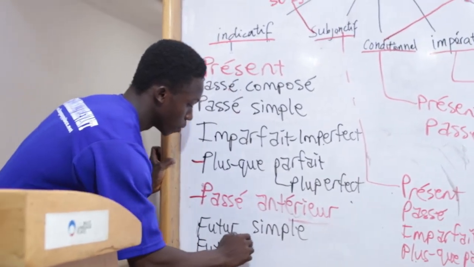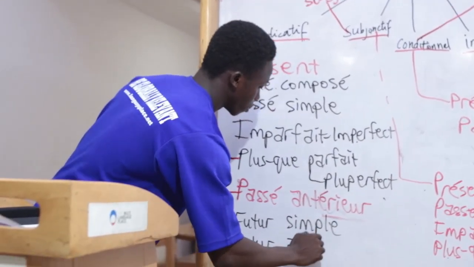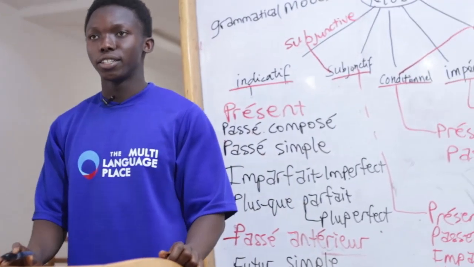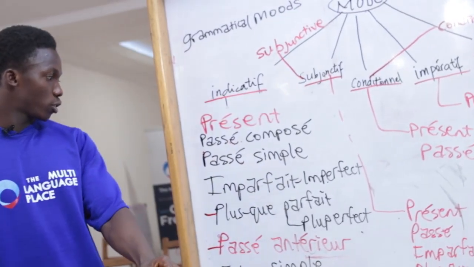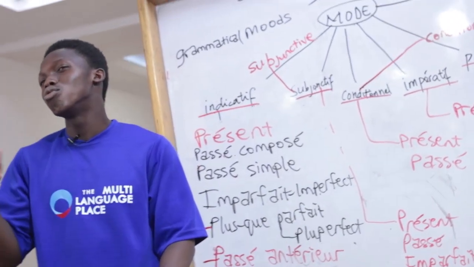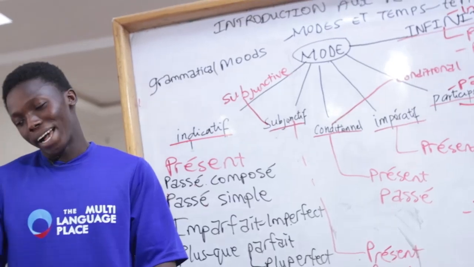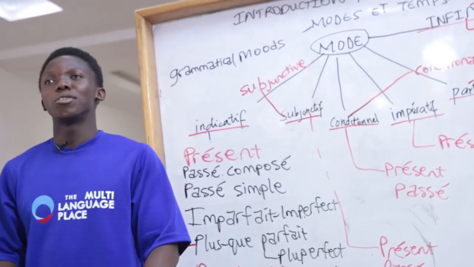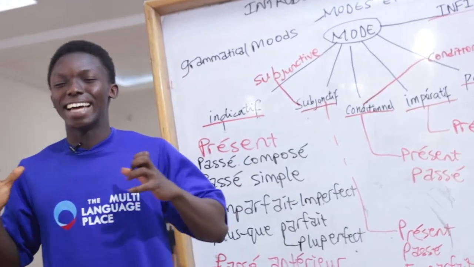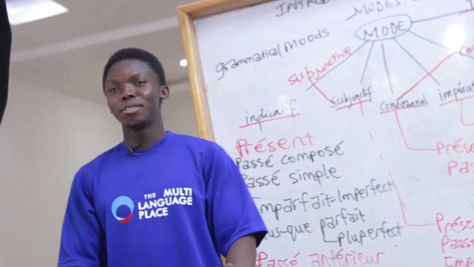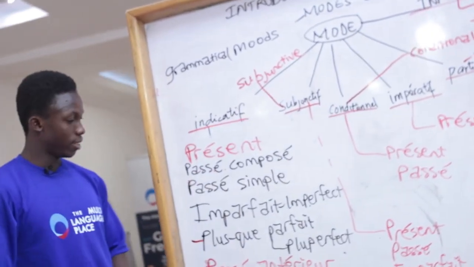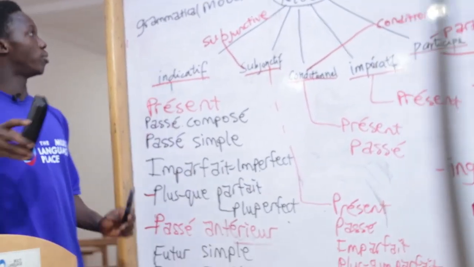The next one is futur antérieur. Futur antérieur is a tense used to express something that you would have done by the time something happens. It's also expressing future, but it is not expressing direct future, as in you will do something. It means you will have done something by the time something happens. For example, let's see a sentence that illustrates this so you can understand better.